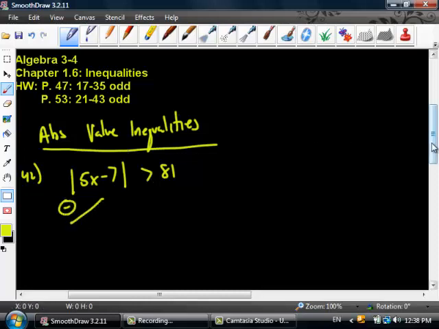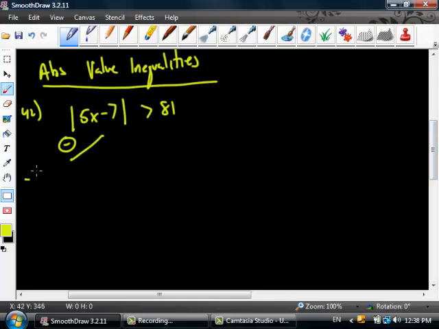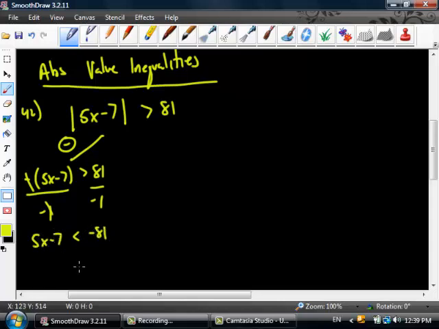We got the negative version, which is negative parentheses 5x minus 7 is greater than 81. If I divide both sides by negative 1, I'm going to have to flip my inequality, so 5x minus 7 is less than negative 81.